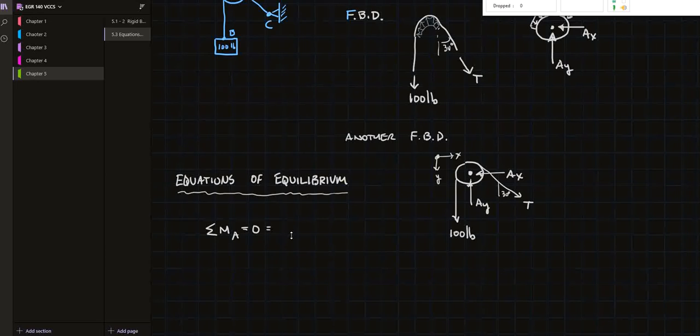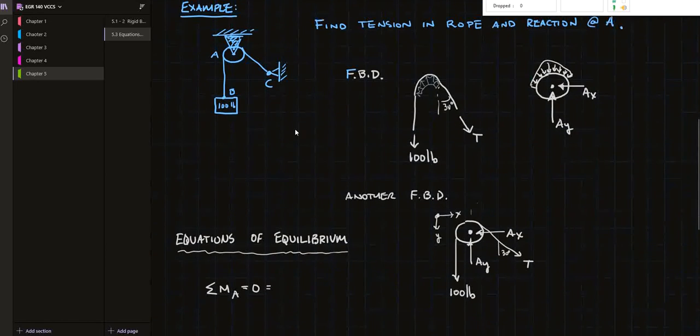What's left is, and one thing I neglected to mention here is that the pulley has a radius equal to 0.5 feet, half a foot radius. So now I can do my moment equation. So I've got 100 pounds times a moment arm.